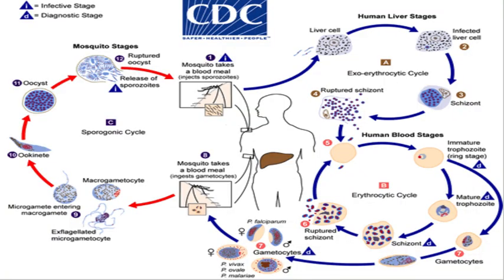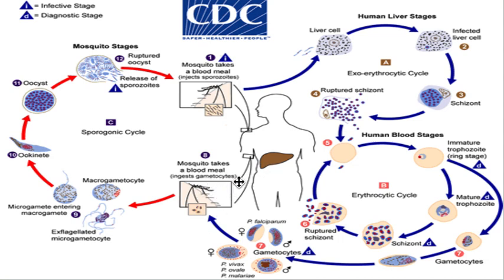So this is basically an overview of what the Plasmodium actually does. Here you can see there is a Plasmodium. When the mosquito takes a blood meal, it can also spread between human to human.